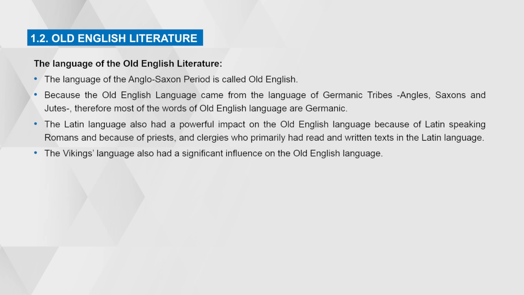Apart from this, the Latin language also had a powerful impact on the Old English language because of Latin-speaking Romans and because of priests and clergy who primarily read and wrote texts in Latin. Later, the Vikings' language also had a significant influence on the Old English language.